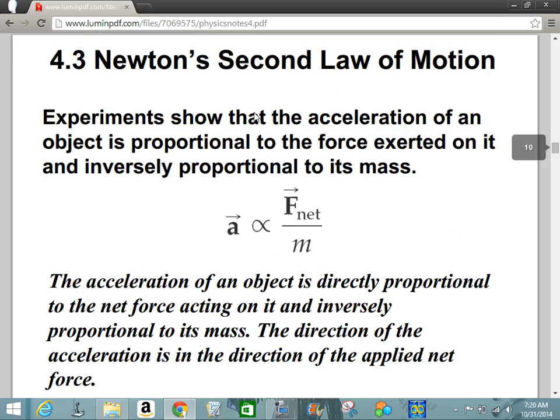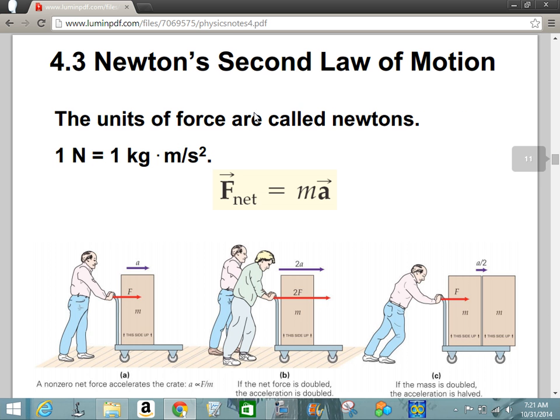Experiments show that the acceleration of an object is directly proportional to the net force acting on it and inversely proportional to its mass. The direction of acceleration is in the direction of the applied net force.